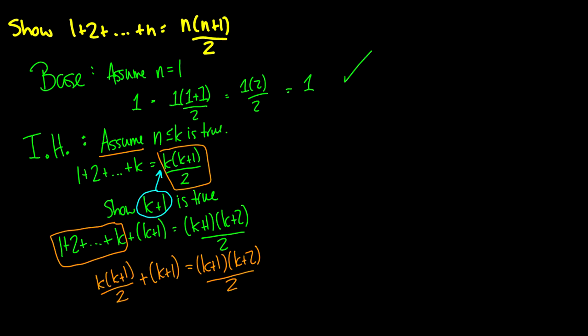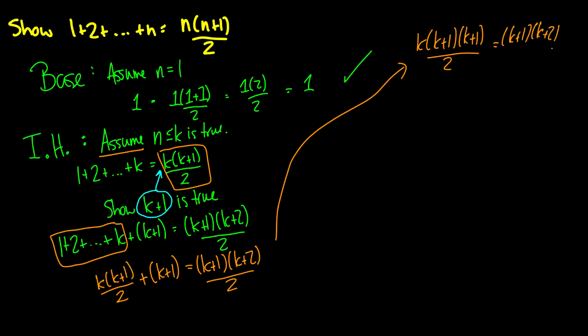So we can do some nice algebra here, and we will get that k times (k plus 1) over 2, plus k plus 1, is equal to (k plus 1) times (k plus 2) over 2. Again, I just found a common factor and put it all together.